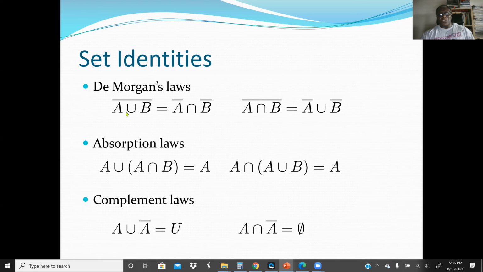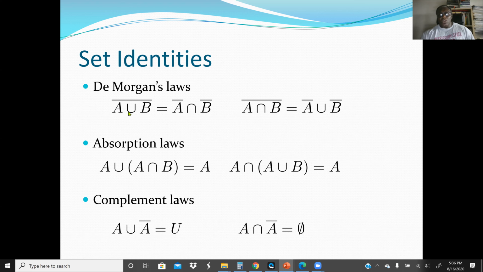Again, the complement of a union is an intersection, and the complement of an intersection is a union. So this is the same as Boolean algebra. The complement of plus gives us multiplication, and the complement of AND is OR, the same concept here.